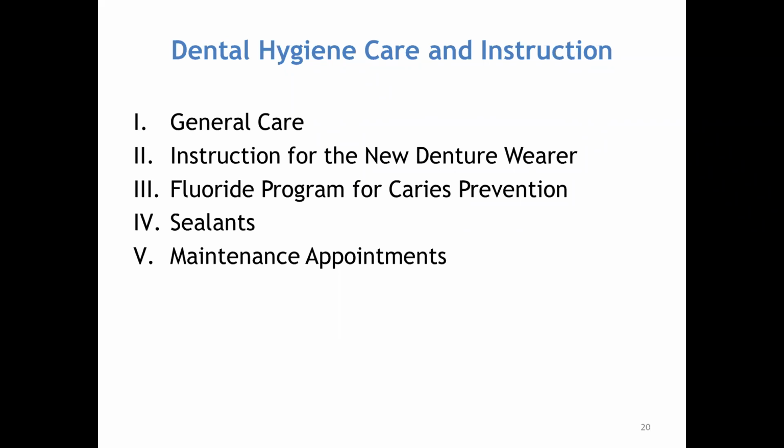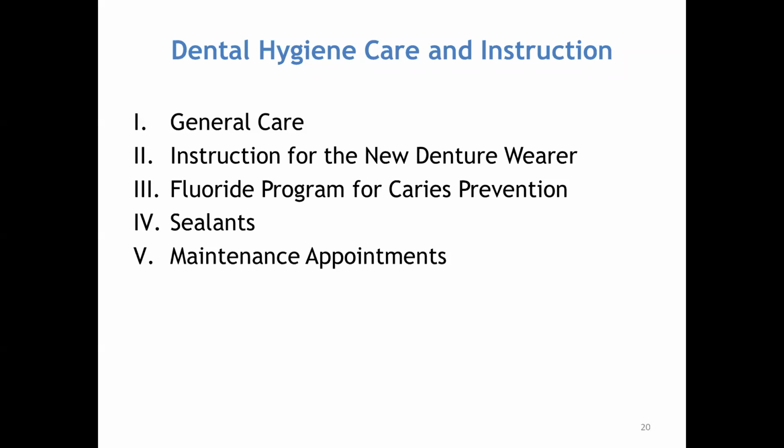A fluoride program is really critical if they have retained teeth, because oftentimes there's recession where the bone has resorbed around the missing teeth, and you've got newly exposed root surface. They also have all of that hardware in there with the surface area that is plaque retentive.